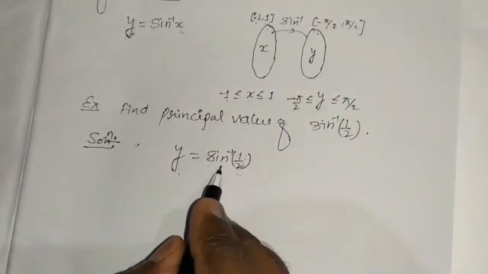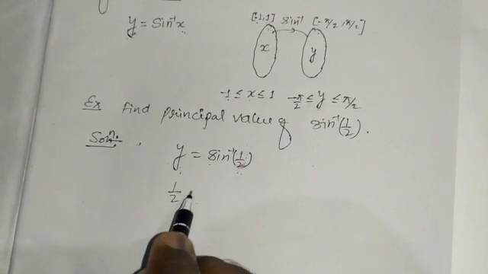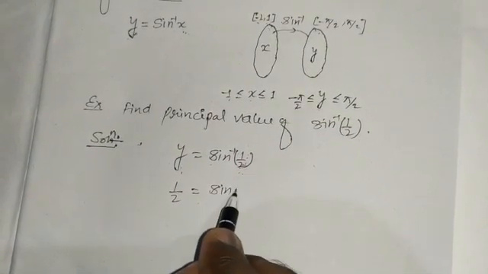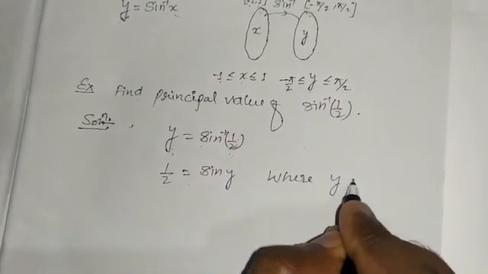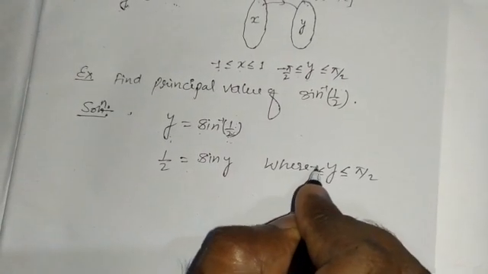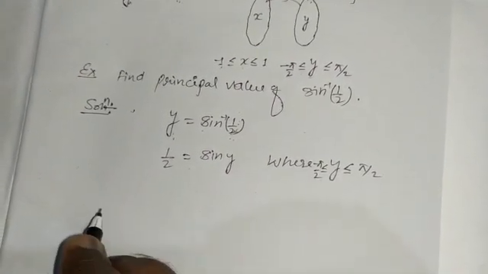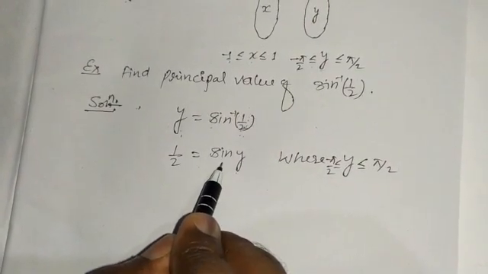So you have to write 1 upon 2 is equal to sine y, where y is less than or equal to π/2 and more than or equal to -π/2. It means we have to find the value of y for the sine function.